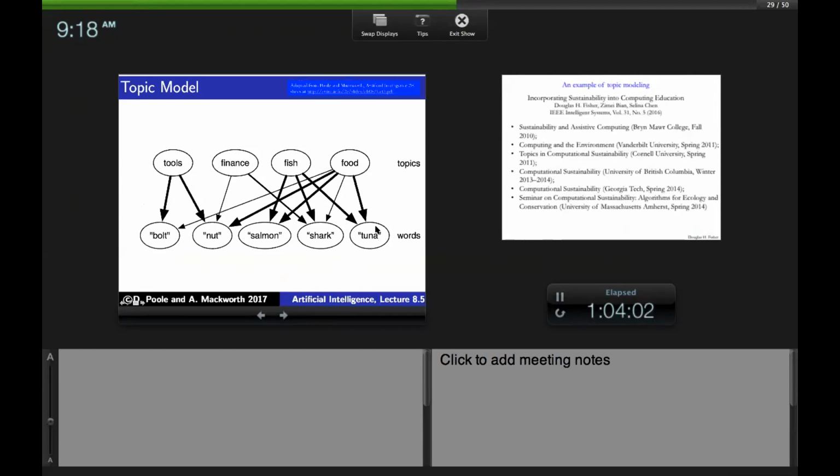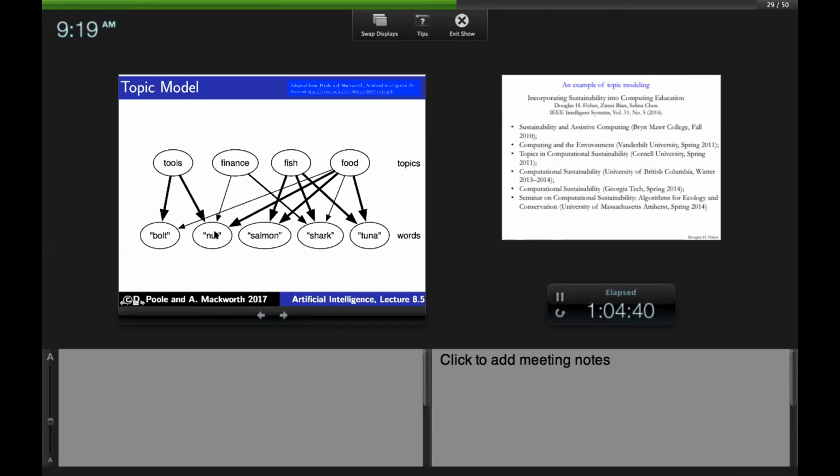And these are connections to words that are found in documents that are associated with these topics. So for example, bolt and nut might be highly probable. If we were to take a look at the probability tables here, the probability of bolt, given that we were talking about the tools topic, might be relatively high.